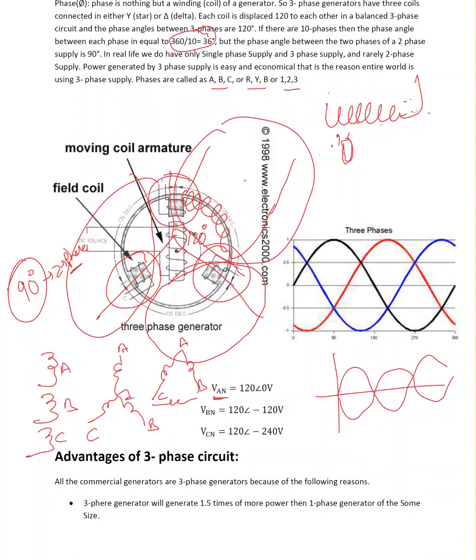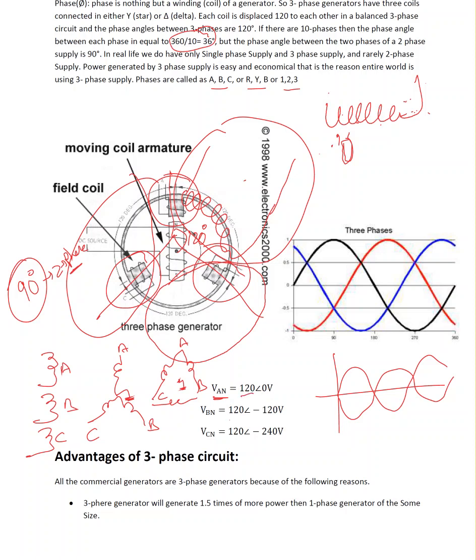So neutral is right there. Here when it comes to delta, we don't have neutral. Usually they show you some dot inside with ground, but in reality there is no neutral in delta connection. So VAN is between phase A and neutral. That's called phase voltage. We'll talk about those things later, but look at the phase angle between all three.